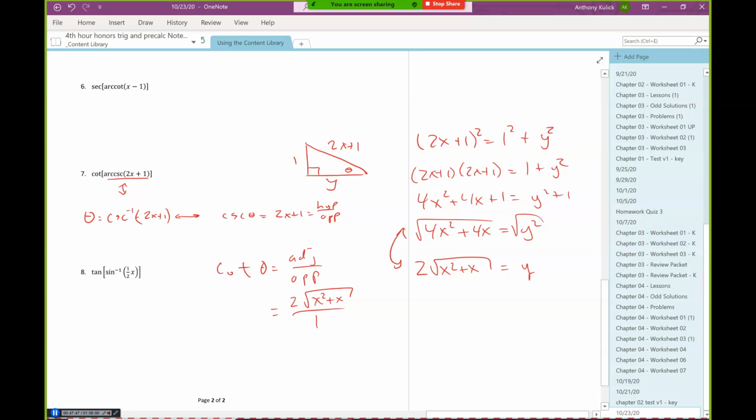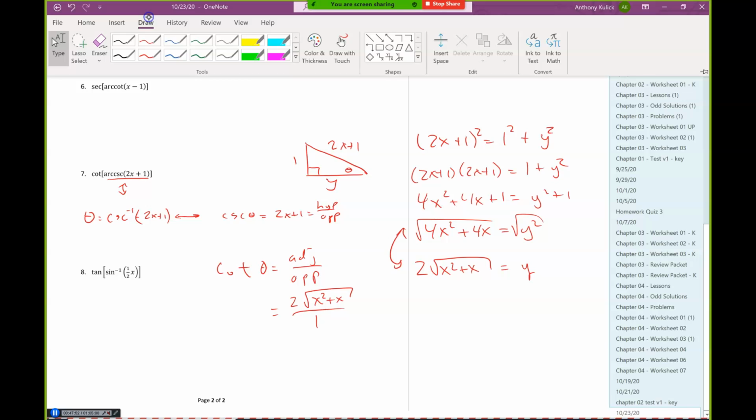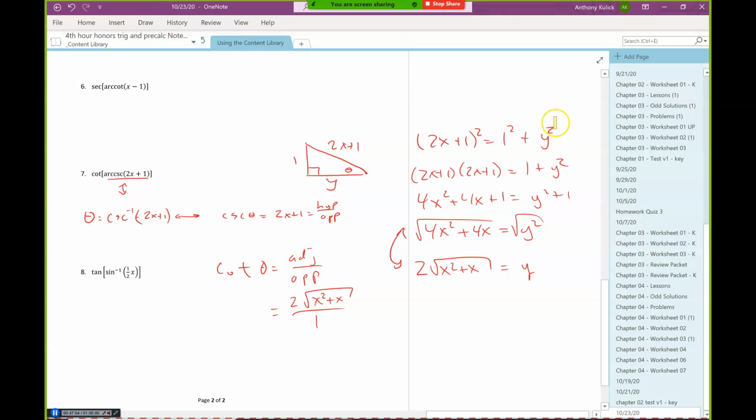But we foiled because we had a quantity squared. That's what squared means: 2x plus 1 squared means 2x plus 1 times 2x plus 1. Is that what you're asking?